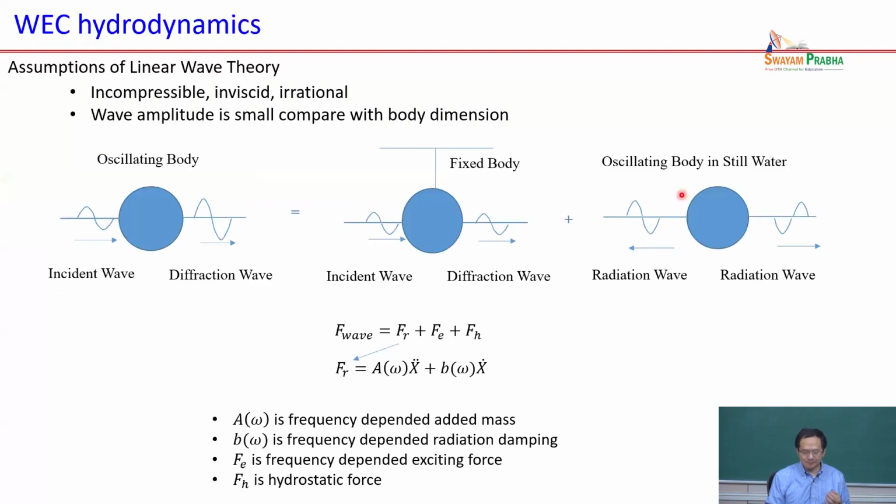And we still use potential flow, right? We need to understand three unique things in the system: added mass, frequency dependent; radiation damping, frequency dependent; and excitation force, frequency dependent. Okay.